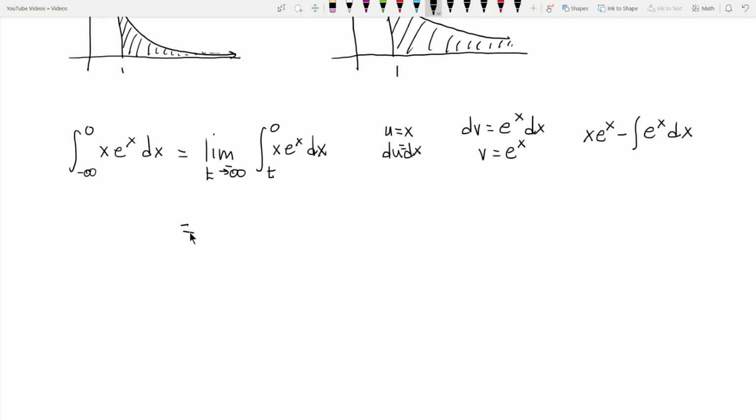So this is going to be the limit as t goes to negative infinity of x e to the x minus e to the x evaluated from t to 0.